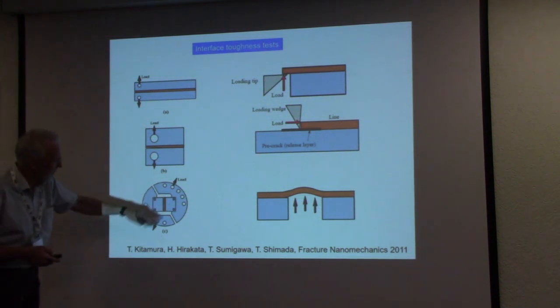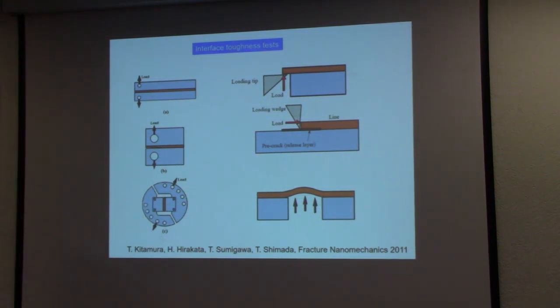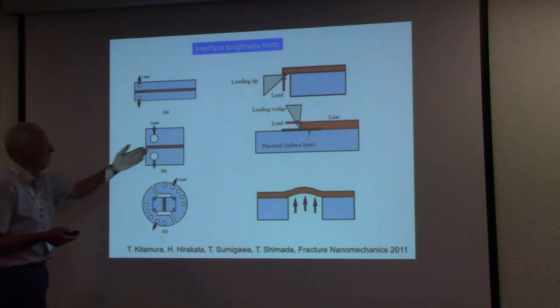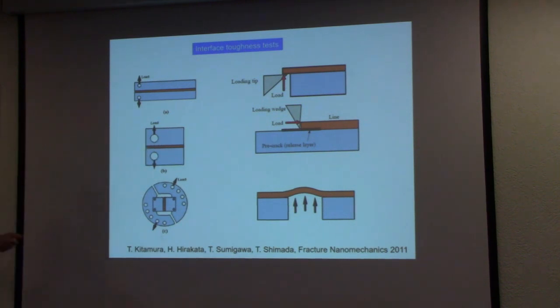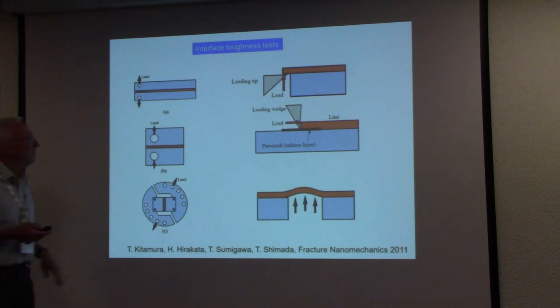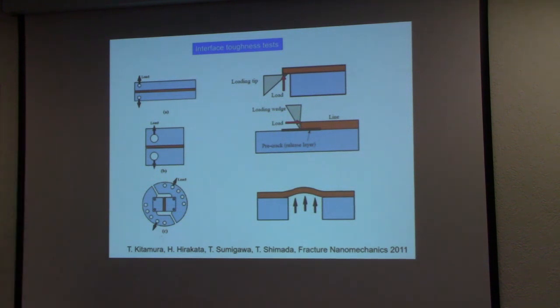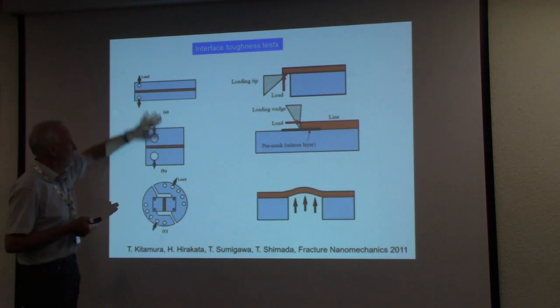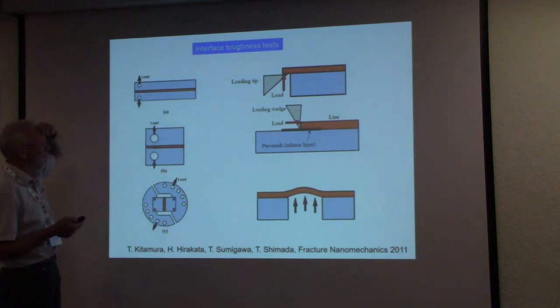You can then try to realize a change of the mode mixity, because you always will have a mode mixity, since very, very seldom are the elastic properties of the two materials quite similar. The plastic properties are for sure not. You will never get a system which is elastically and plastically similar in such an application, I think. Or at least I have never found any example. And so these are the classical macro test techniques.